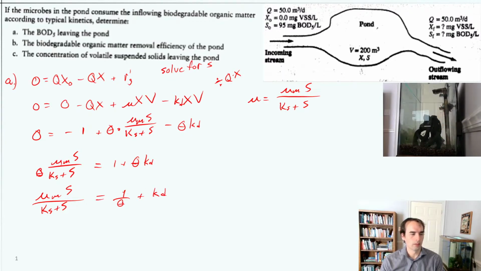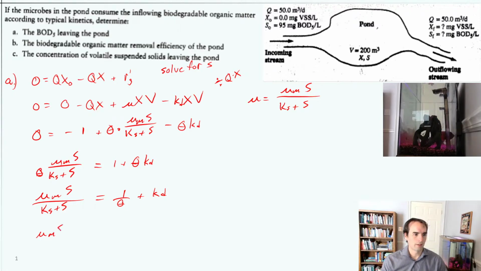Of course, we could probably write that in a different way, which could still make sense. Then we need to get S by itself. So from there, we would multiply both sides by Ks plus S, and then continue to simplify until we have S on its own.